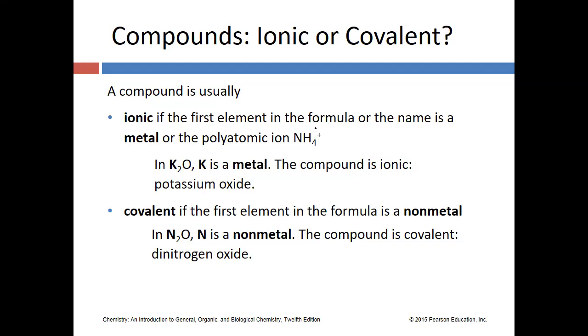The other way that you can look for is if I'm looking at the chemical formula of the compound, ionic compounds almost always have metals and nonmetal elements in them.